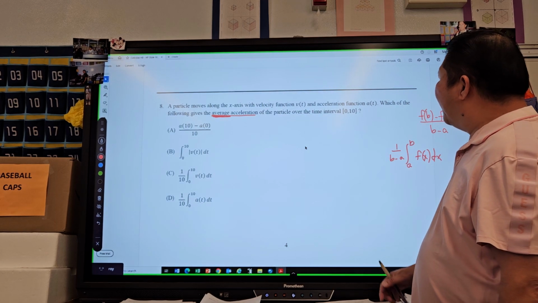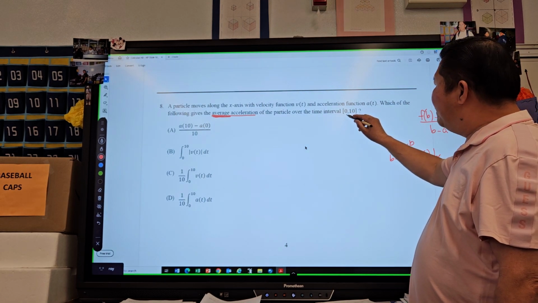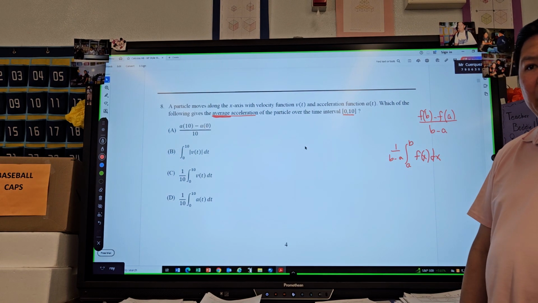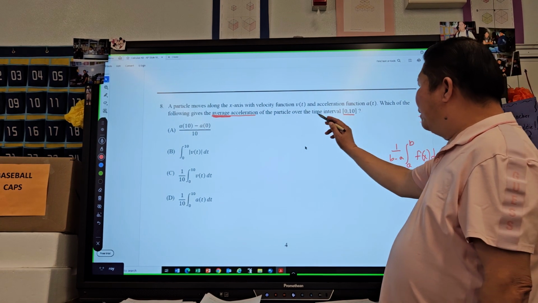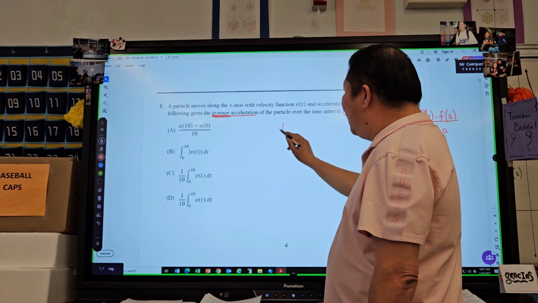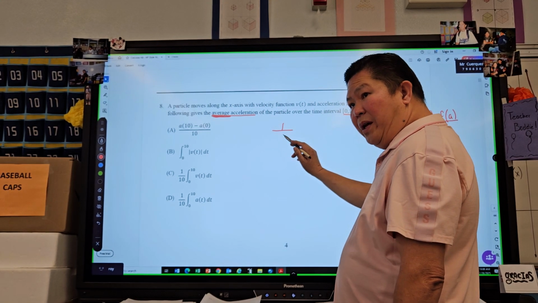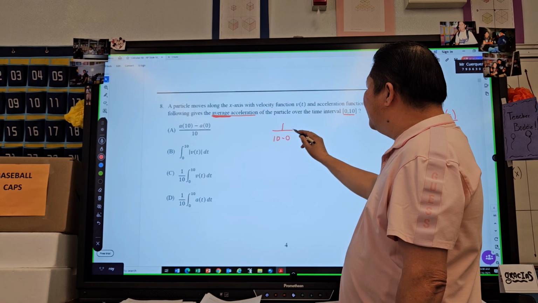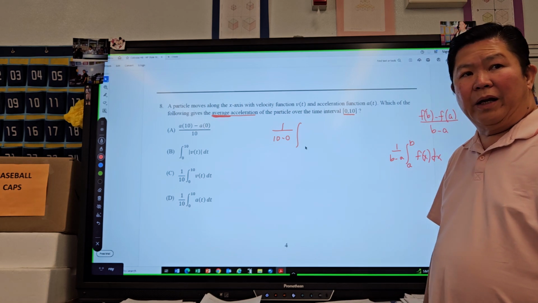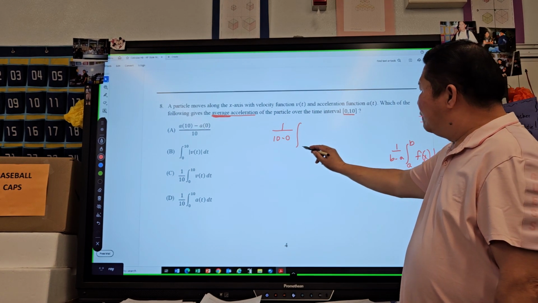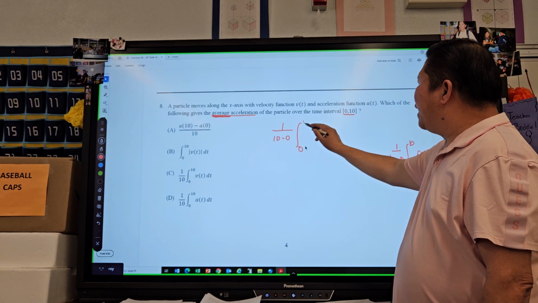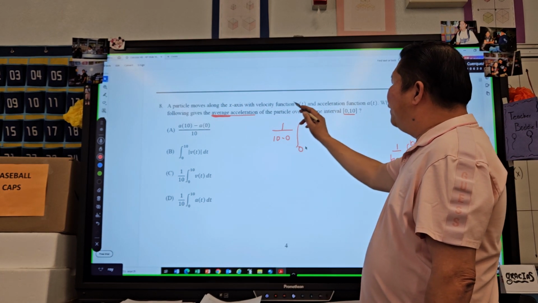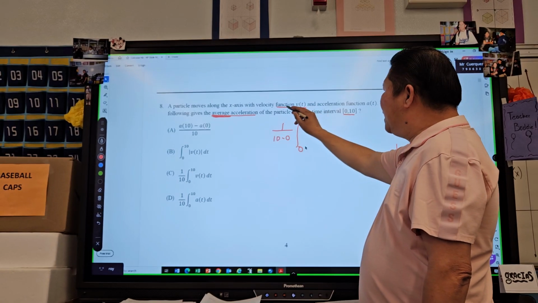And what is the given interval of time? From 0 to 10. So if we plug this in, it's going to be 1 over 10 minus 0. And what does it say? A particle moves along the x-axis with velocity function v(t).